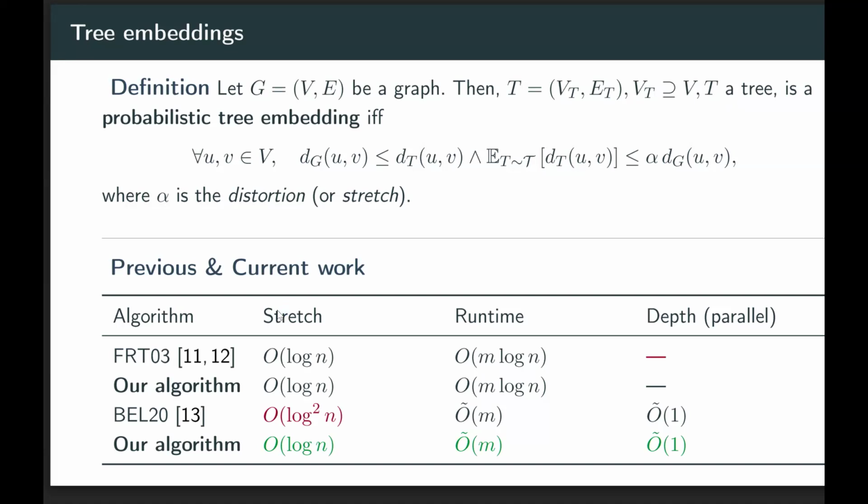It should be near linear, sorry, not almost linear. It hides polylog factors. And it all comes down to doing approximate single source shortest paths. I see. And for the depth, is it also hiding polylog factors? Yes, there it's definitely hiding polylog factors.